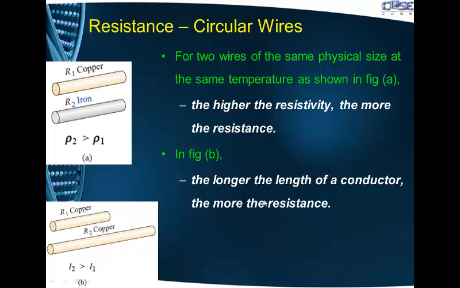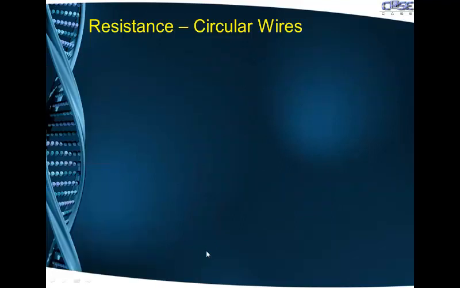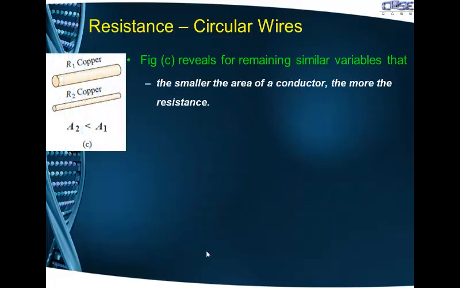Similarly, the longer the length of the conductor, the more the resistance. If the cross-sectional area is higher, then the resistance would be lower, as the resistance is inversely proportional to the cross-sectional area.